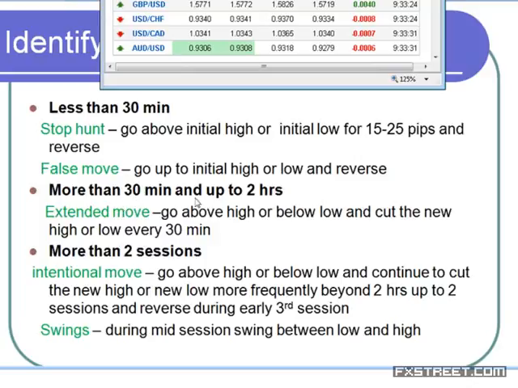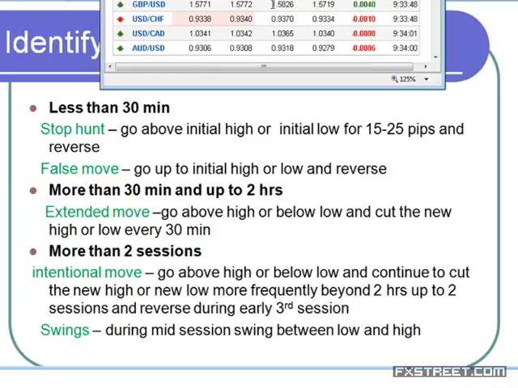It is an extended move, staying above the initial high or below the initial low. But here the condition is that it stays above the initial high for more than 30 minutes. Afterwards, they quickly form a new high, and not breaching the new high for more than 30 minutes, they start making the slide. At that time, we think, okay, it is making a small dip, it is better to buy there rather than at a higher level.